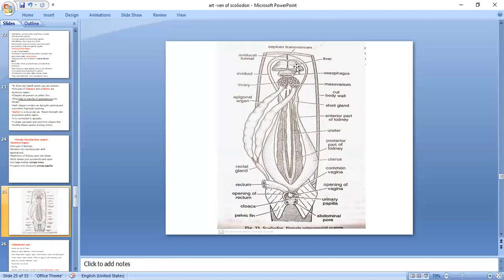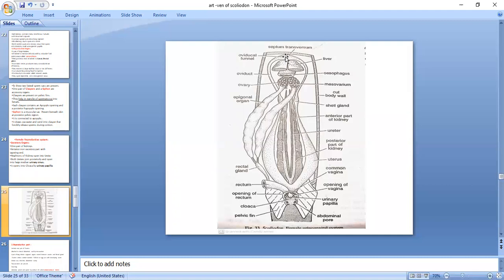They open into the same cloaca. At the anterior part of this pair of oviducts, the dorsal sides are fused.